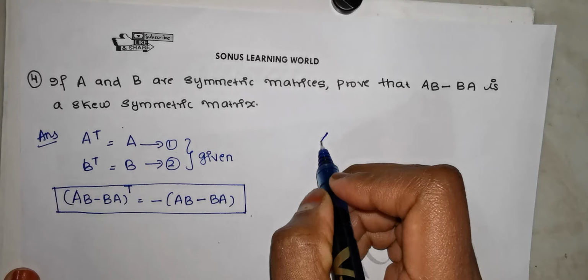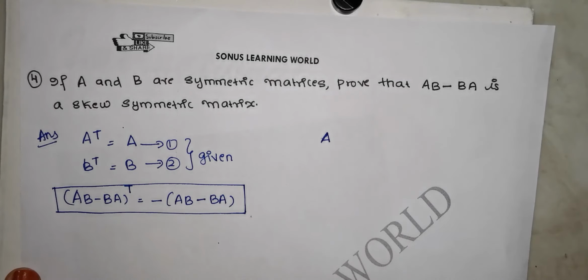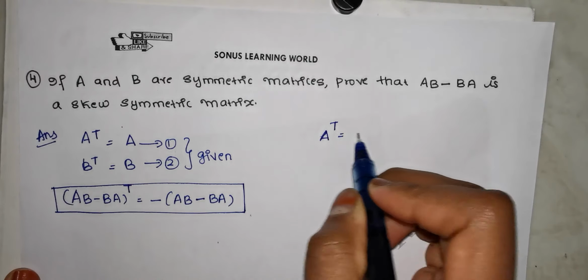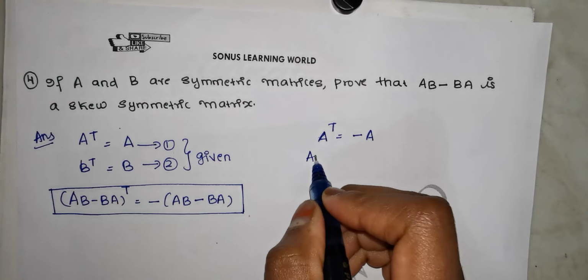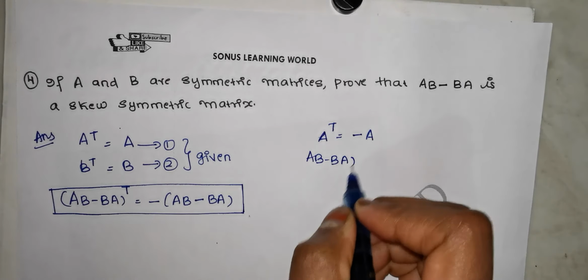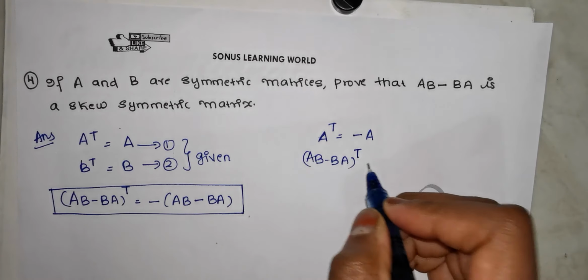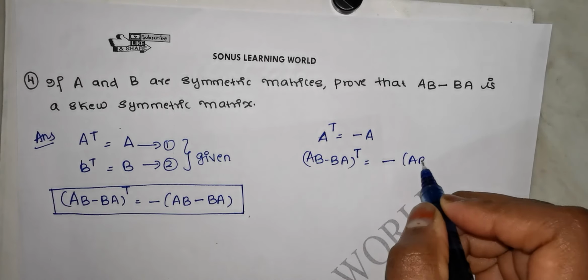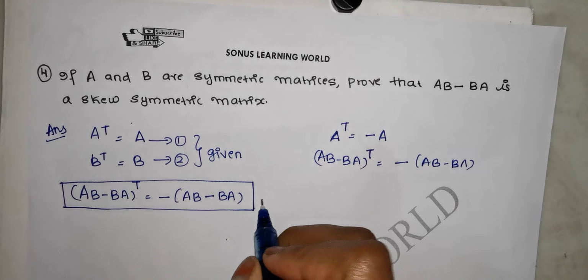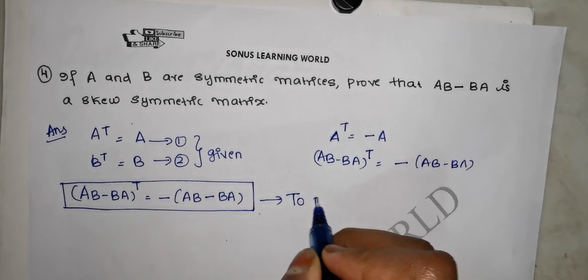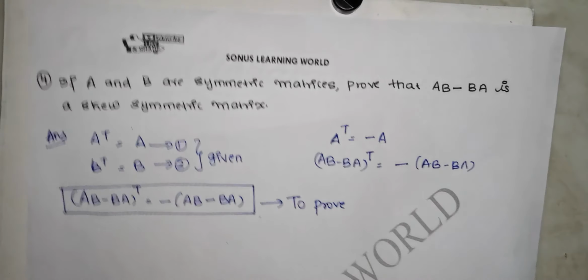For example, if A is a skew symmetric matrix, A transpose is equal to minus A. Same like that, if AB minus BA is a skew symmetric matrix, if we take the transpose of this, we get minus of AB minus BA. That's it. That is the thing which we have written here. So we have to prove this one.